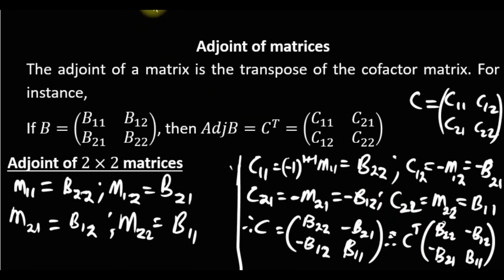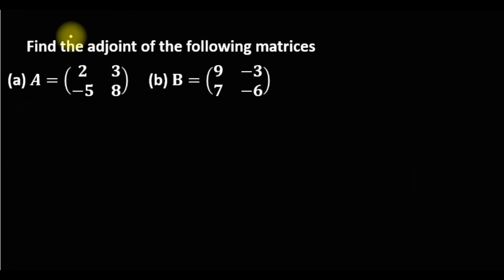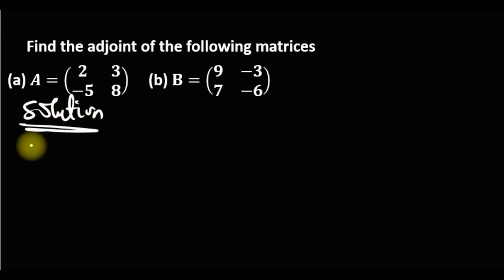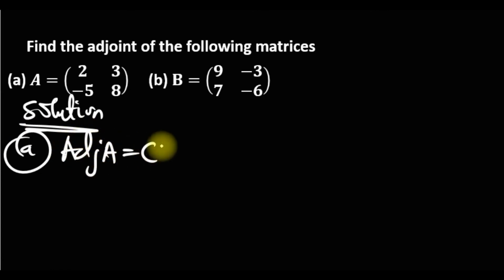So let's use an example. We're asked to find the adjoint of the following matrices. Since it's a 2 by 2 matrix, it's very simple to calculate the adjoint. The adjoint of A, which is C transpose, is very simple. Remember what I told you.